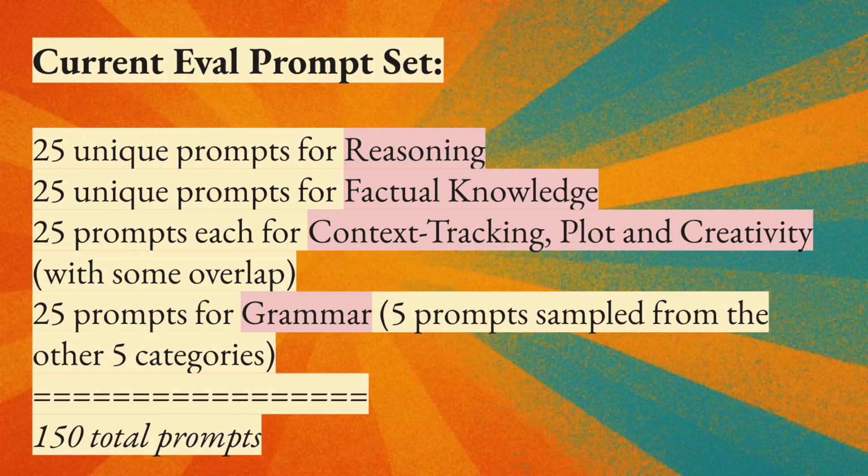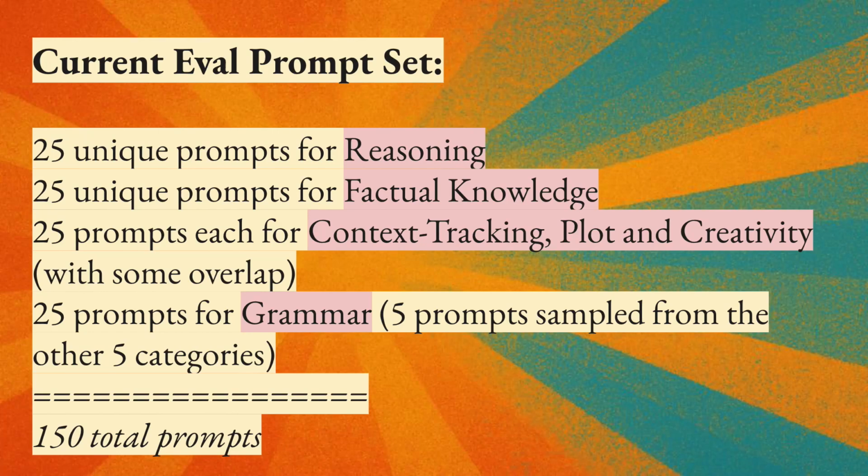And then for plot, I took some context tracking ones that were particularly well suited for an interesting plot, and then I generated some more to close the difference. I did the same thing for creativity. And then I have 25 prompts for grammar. Now, the grammar prompts are the most universal, right? The very fact that these prompts are in English and in full sentences requires appropriate use of grammar. So what I've done here is sample 5 prompts across the other 5 categories.